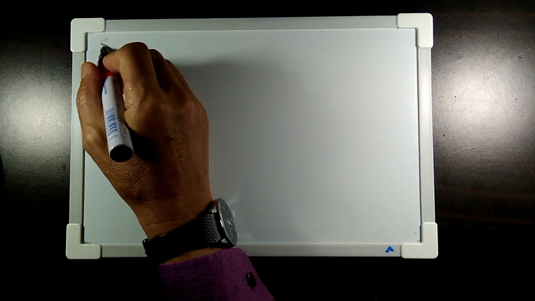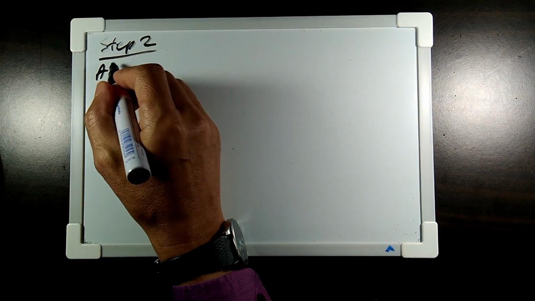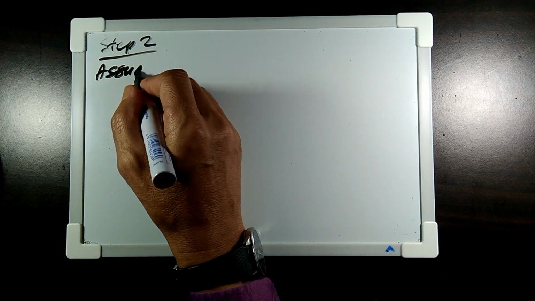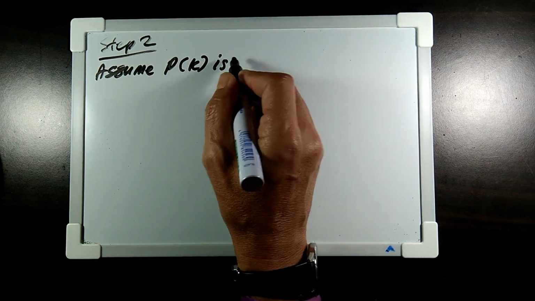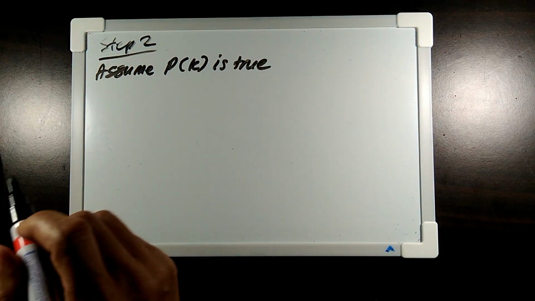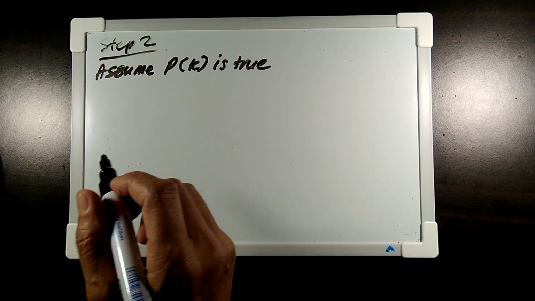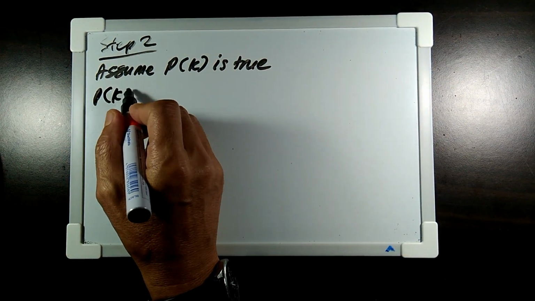Now let's continue with step number 2. As we mentioned earlier, we have to assume first that Pk is true. We are looking for Pk plus 1.